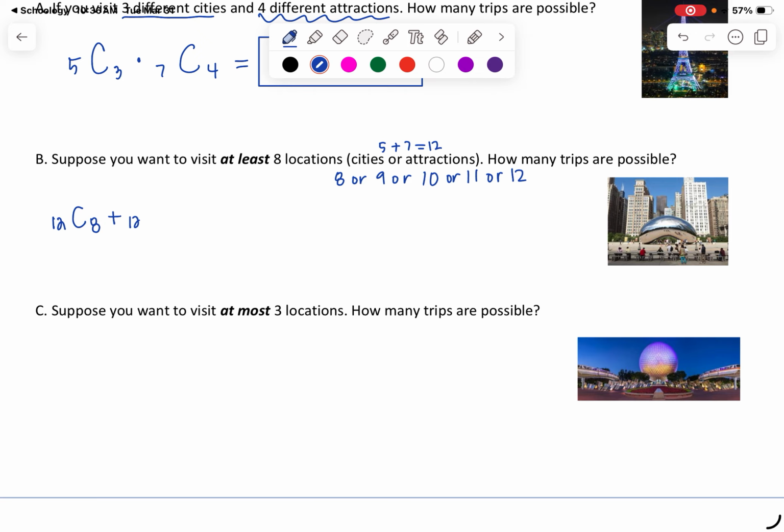Or 12, I can choose to go to 9. 12, choose to go to 10. 12, choose to go to 11. 12, choose to go to 12. Okay? And I'm just going to type that straight in my calculator, and you get 794 different trips that you could take.